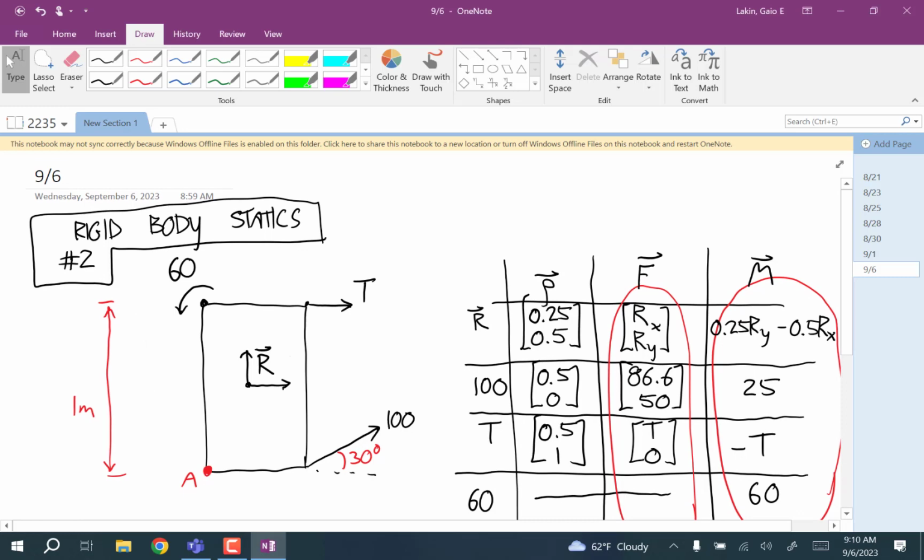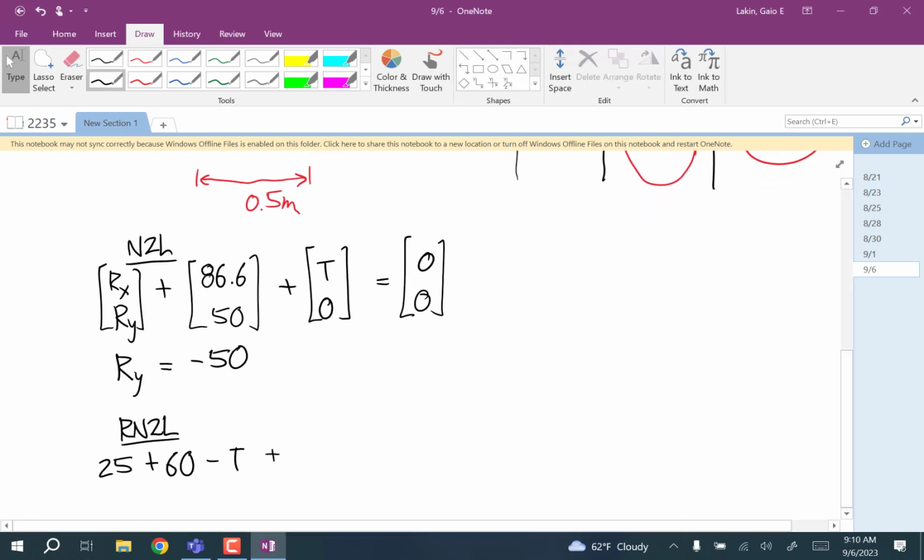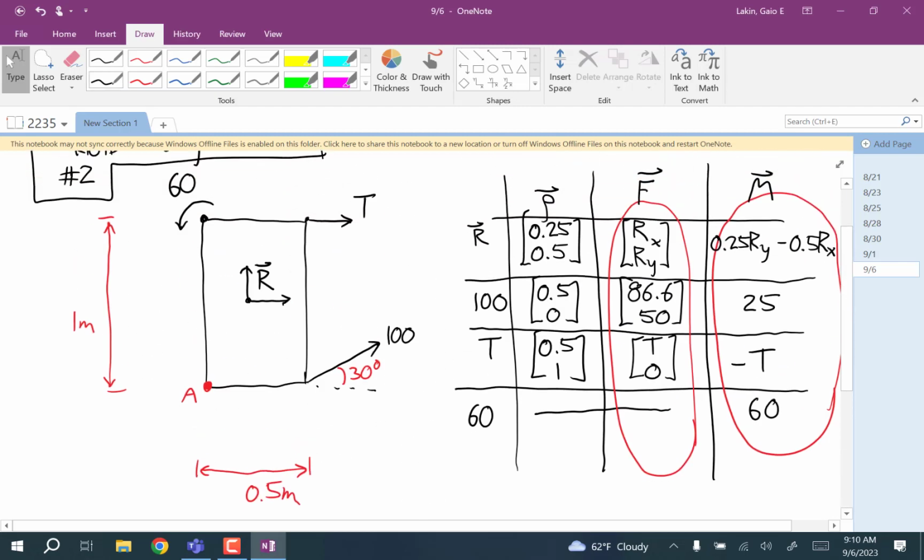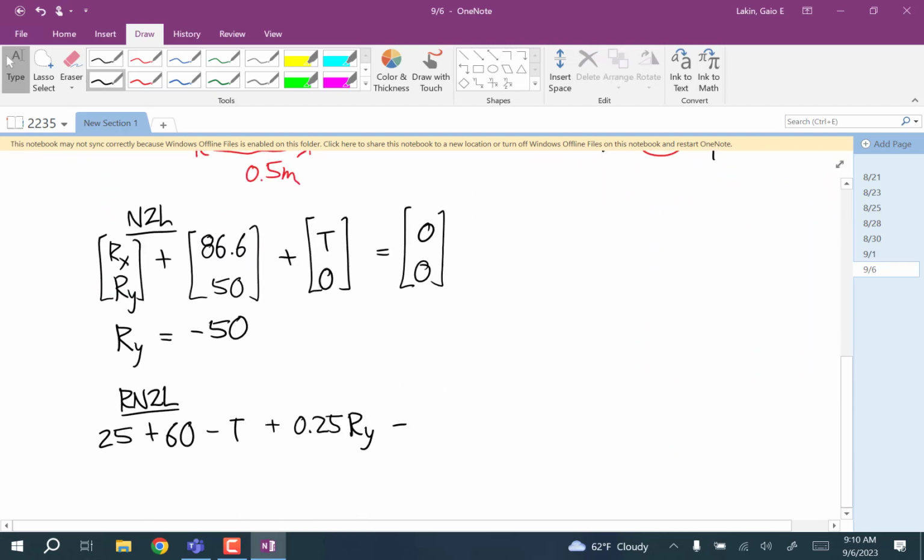So 0.25 Ry minus 0.5 Rx is equal to 0. Okay, well, this tells us that T is equal to negative Rx minus 86.6.